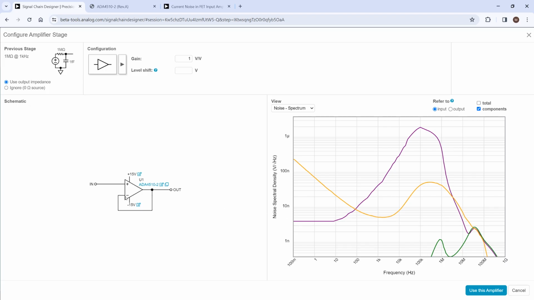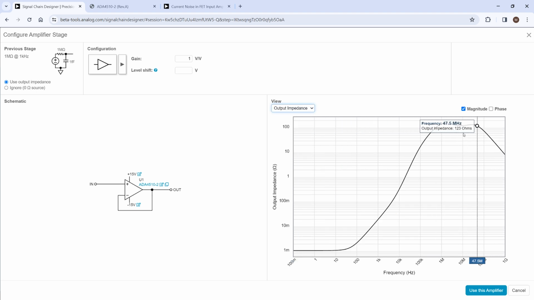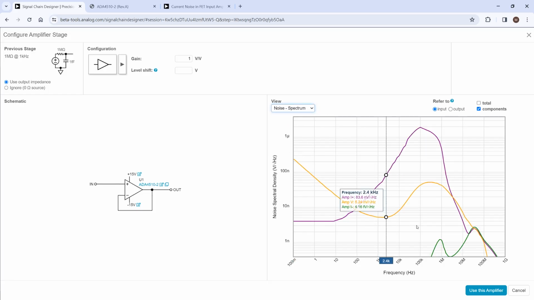What's happening is that current noise is flowing through the output impedance of the part. So here's our output impedance, and it's generating enough of a thing to show up on the plot. It's not going to matter in terms of your measurements, but it is there. So if you were wondering why it's there, that's why, because that current noise is acting against this output impedance of this amplifier.